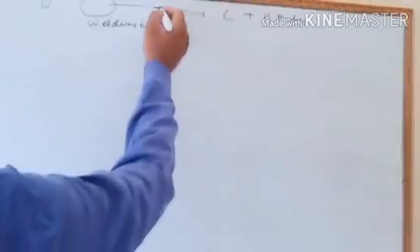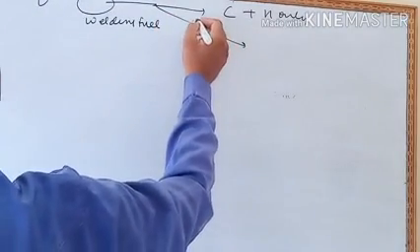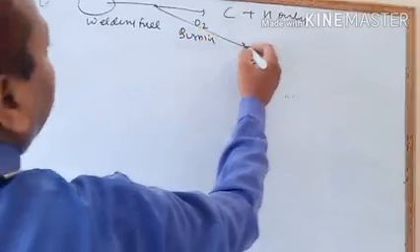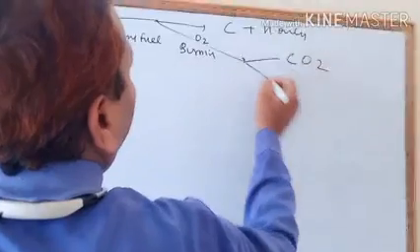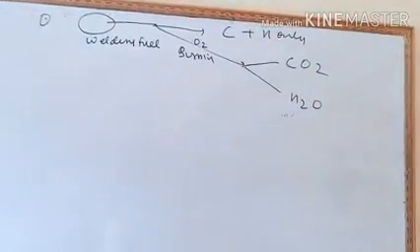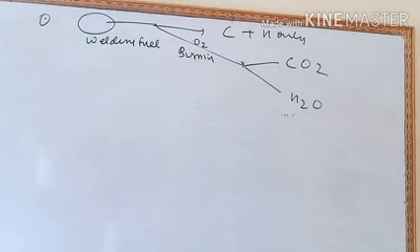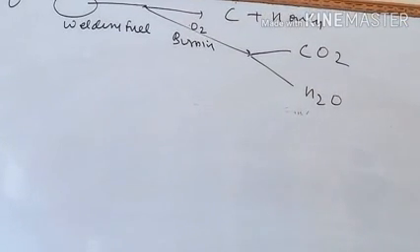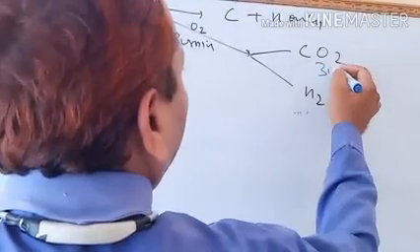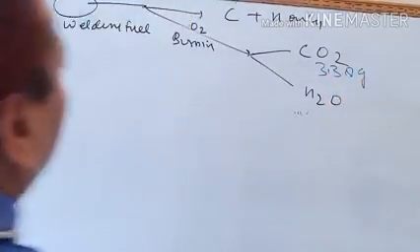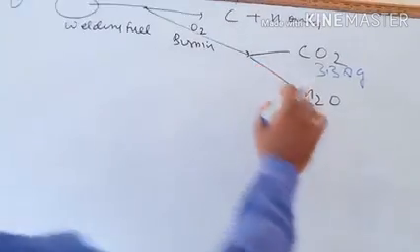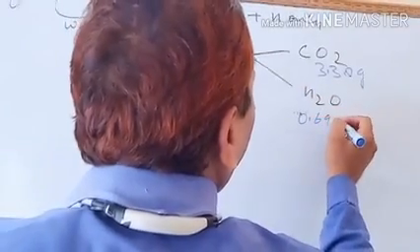On combustion, or burning, it gives CO2 and it produces water. Burning a small sample of the welding fuel in oxygen gives 3.38 gram CO2, and water 0.690 gram.